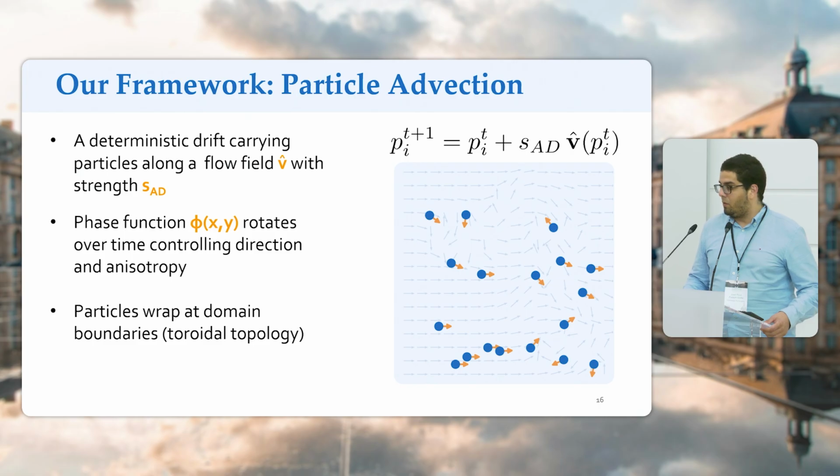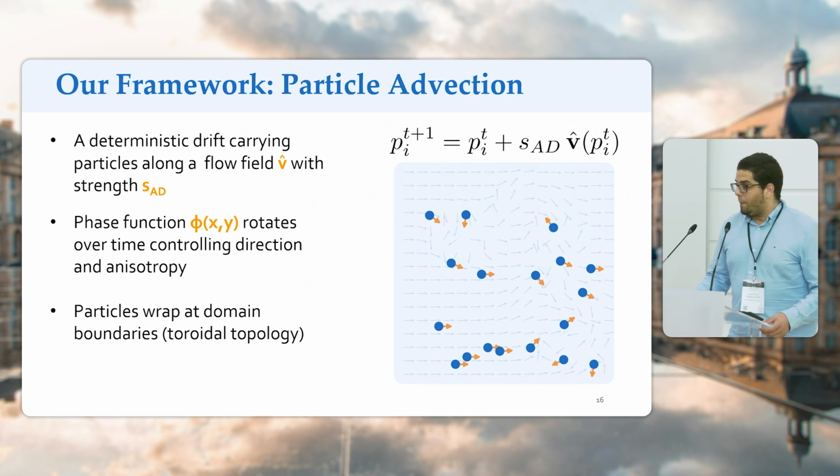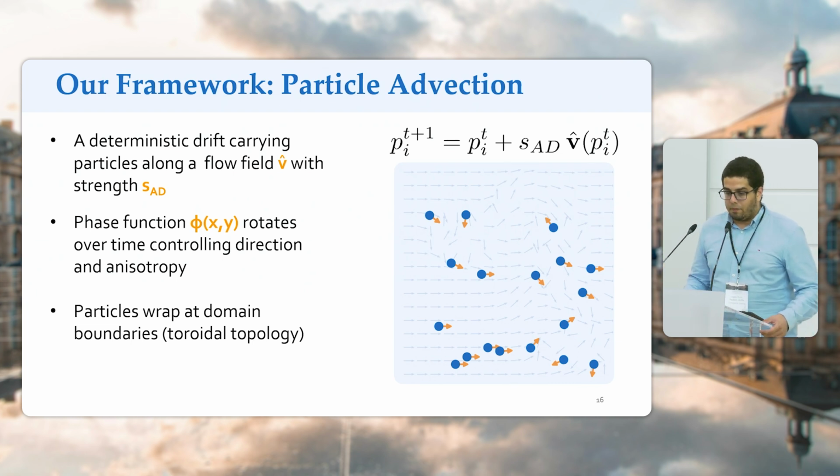Okay, let's discuss the first point, the particle advection. The mathematical formula is very simple. You have a vector flow, and the vector flow is evaluating a phase function. This phase function encodes the spatial direction of the flow. Then the particles move following this flow.